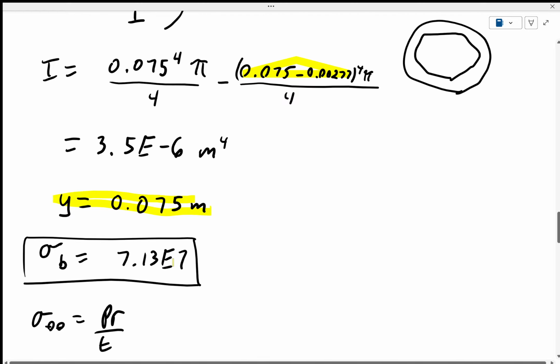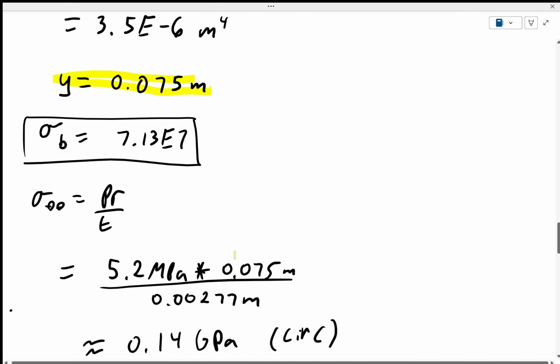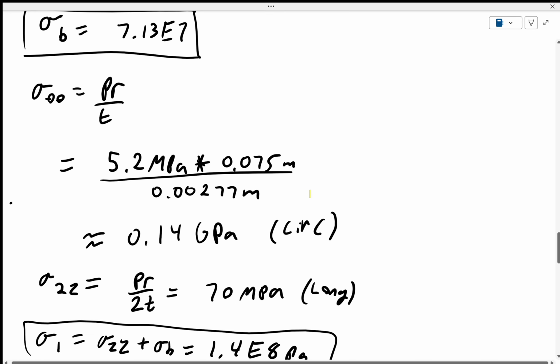I think here I was just showing that I did the compressive, and then I started solving for my circumferential stress from pressure as well as my longitudinal stress from the pressurized aspects of the problem.